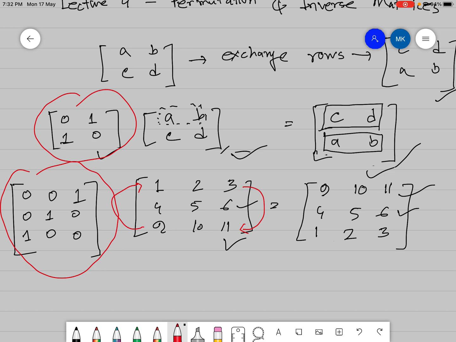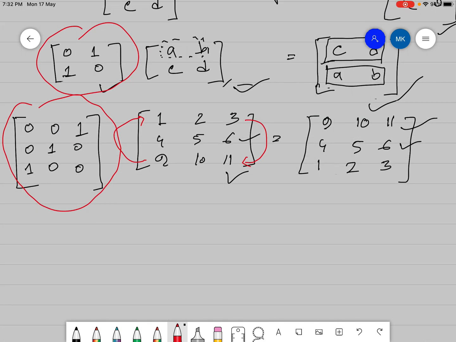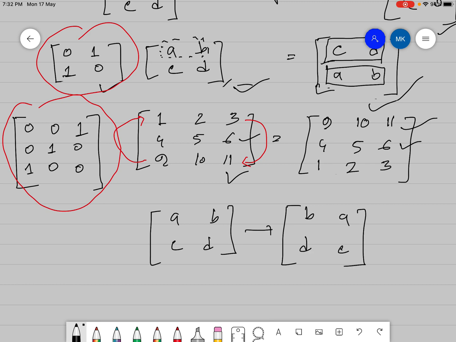Now a small question is, if I want to exchange the columns, let's say from this matrix I want to get this one, B D A C. So what is the change here?